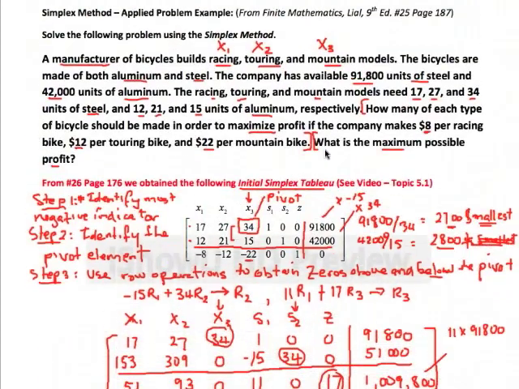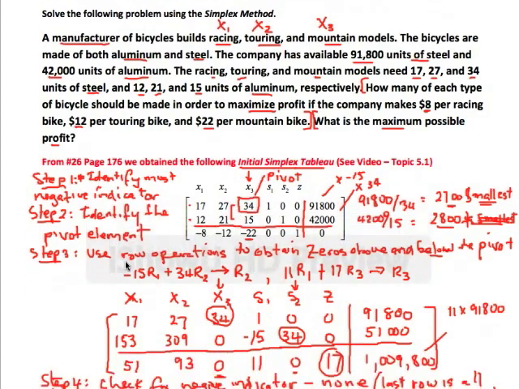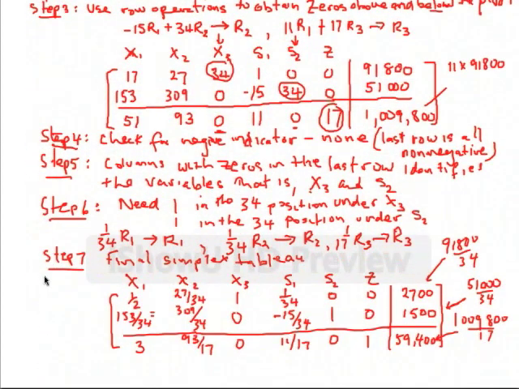Now notice we have here: how many bikes of which kind do we need to produce to maximize the profit. So at the moment we have a maximum profit, and we're going to need 2,700 of X3.